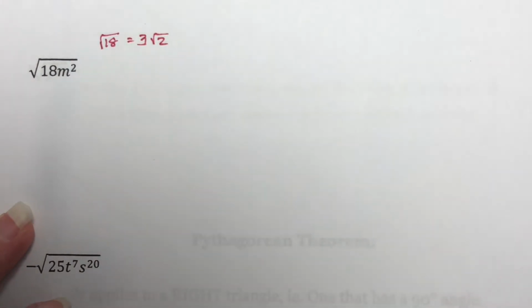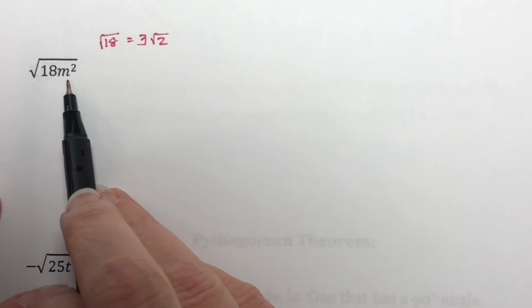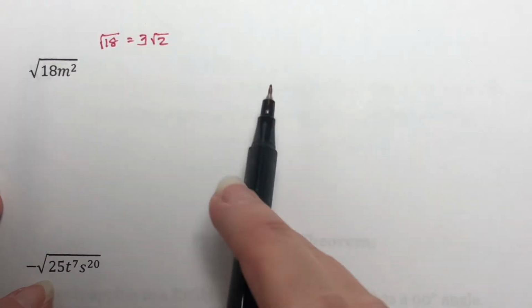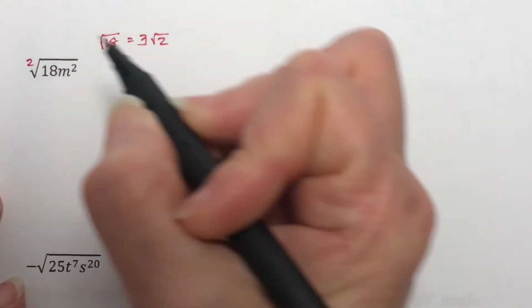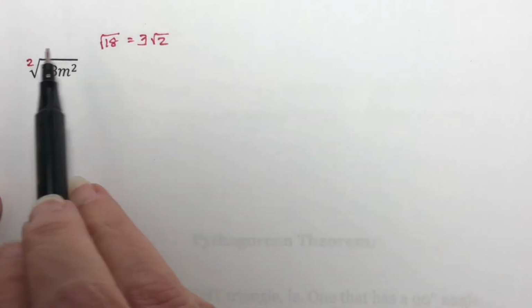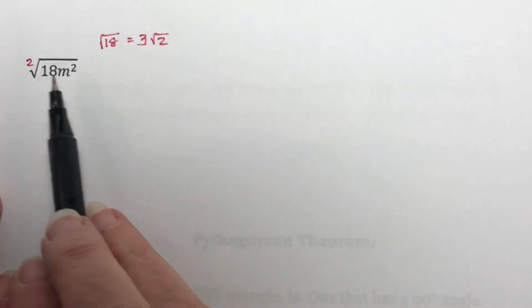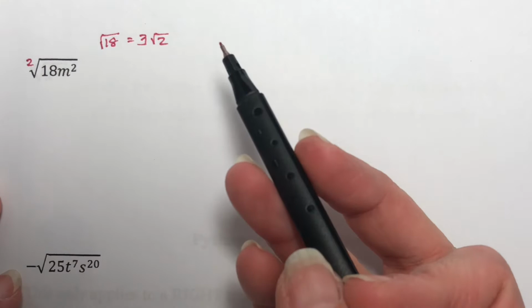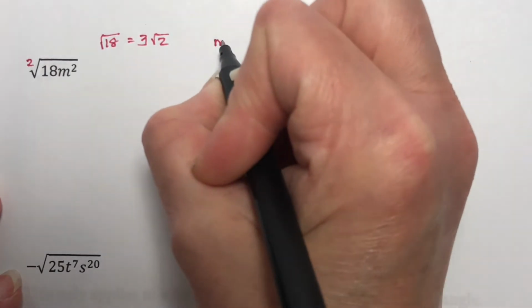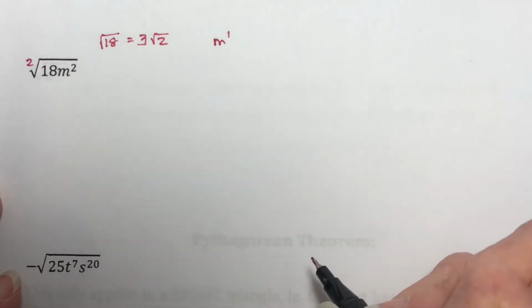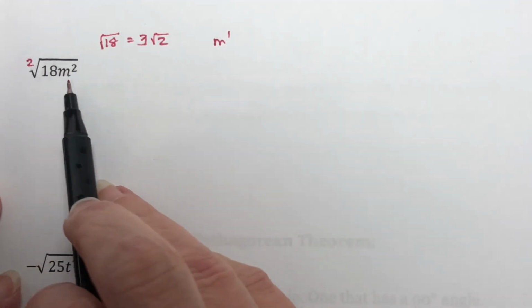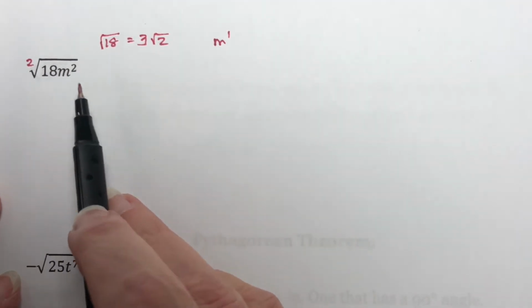Okay. Now for dealing with variables, I mentioned earlier that we can think of it like a division. This is an understood 2 right here. Does 2 divide evenly into 2? Yes. 2 divides into 2 one time. So I'm going to have an m to the first power on the outside. If I had any remainder, that variable would be stuck on the inside.